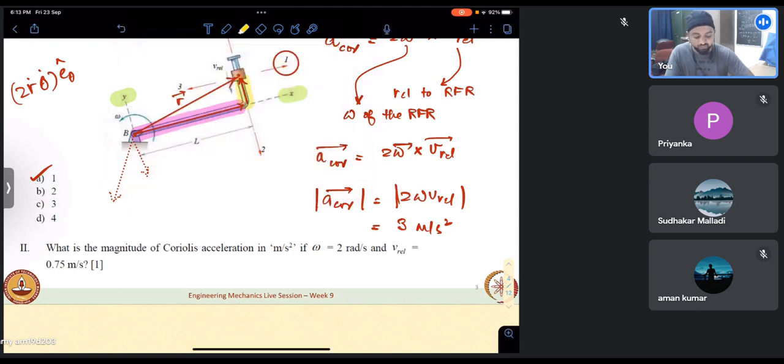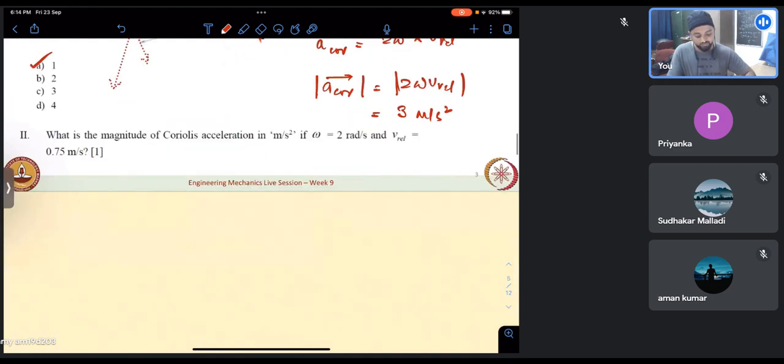That yellow component is parallel to VREL, so VREL is essentially the time rate of change of that vector. R is reducing because VREL is pointing downward, that slider is moving down. So howsoever we take it, it will come out to be the same. Okay, so are there any other questions? If not, we will move on to the next problem.